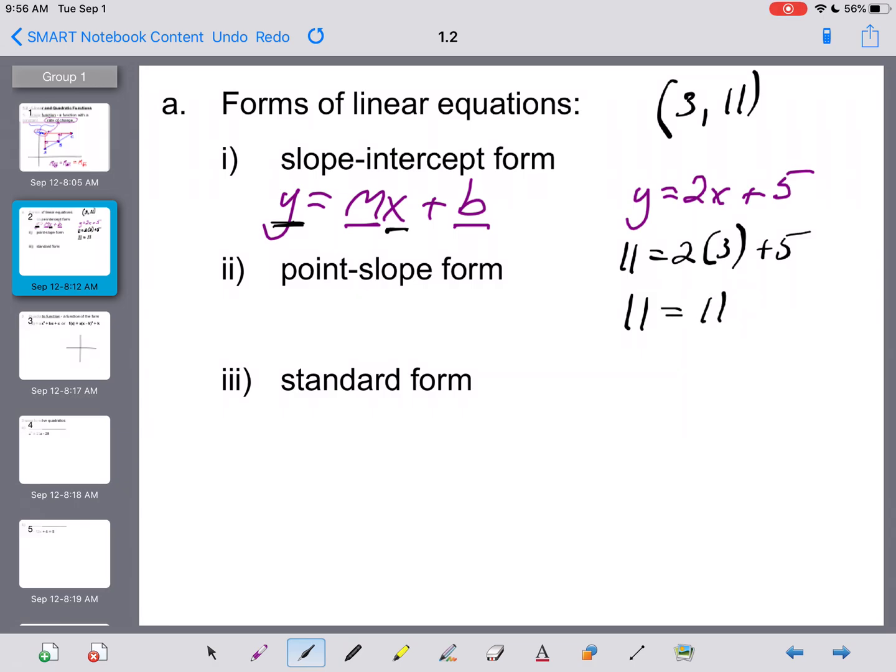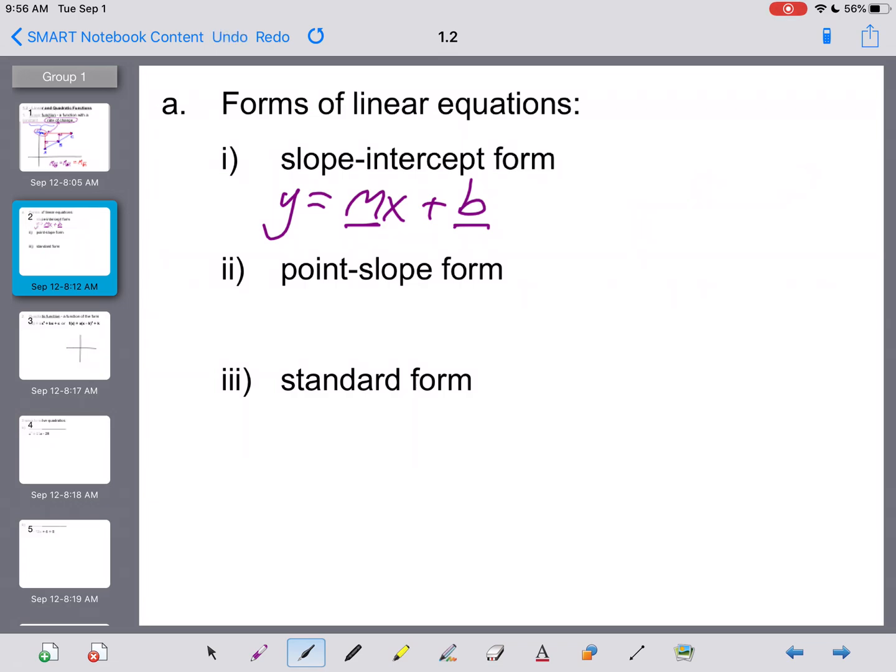And that just verifies here that the point (3, 11) is one of the infinitely many solutions to this two-variable equation. Okay, we probably didn't need to talk about that as much as we did, but it's always important to know what your x and y actually represent.